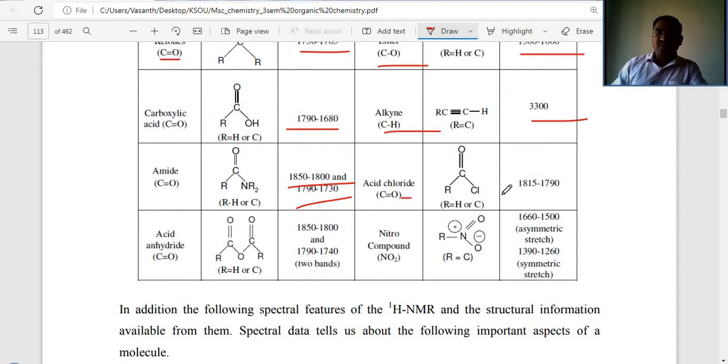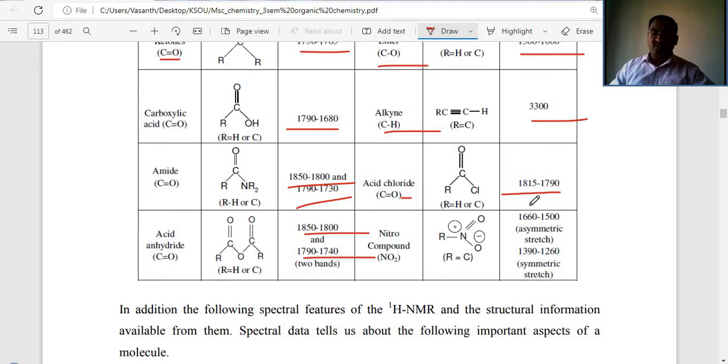Acid chloride is at 1815 to 1790. Acid anhydride is always 1850 to 1800 and 1790 to 1740.